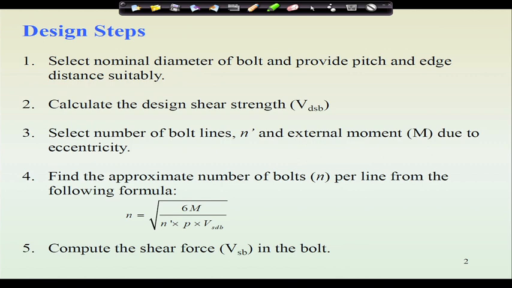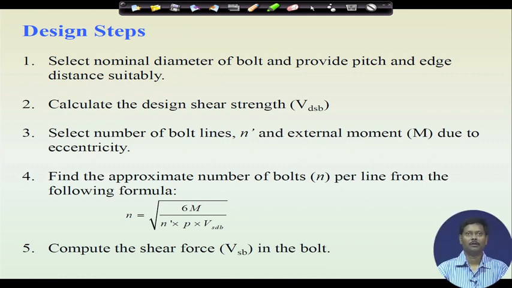We have been given one stanchion, and a bracket connected to the stanchion, loaded with a certain amount of force at a certain distance away from the structure. That means it is an eccentric connection. Then we first have to see whether it is an out of plane load or an in plane load, depending on the type of connection.